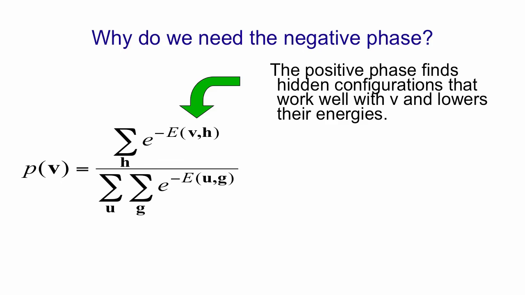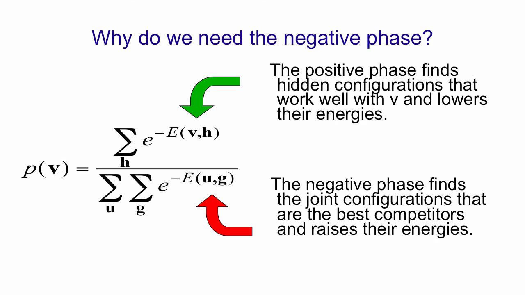So if you look at the top term, what the first term in the learning rule is doing is decreasing the energy of terms in that sum that are already large. And it finds those terms by settling to thermal equilibrium with the vector v clamped, so that it can find an h that goes nicely with v, that is, gives a nice low energy with v. Having sampled those vectors h, it then changes the weights to make that energy even lower.